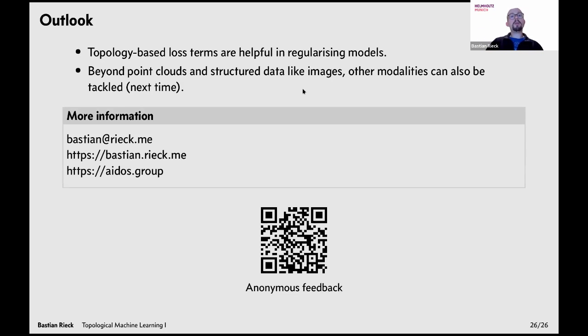Or what you could do, I haven't shown this here actually. I was going to show this in the next lecture, but I'm going to spoil it already here. There are so-called layers that can take persistence diagrams as inputs and then give you a high dimensional vector representation for a neural network.